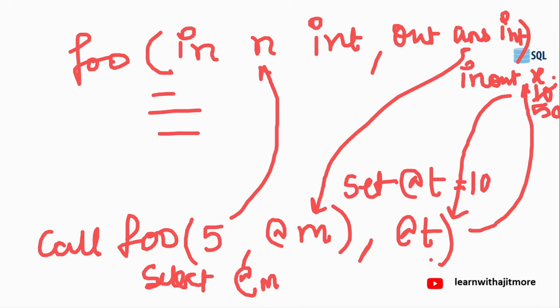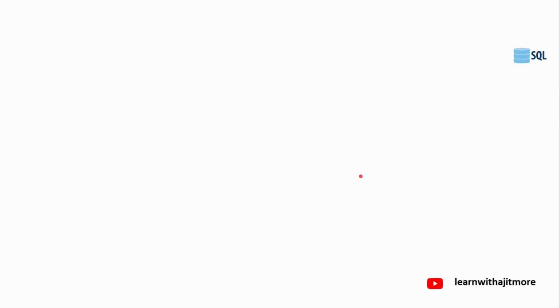Means while sending it was 10, but when the procedure is over, in that T some new result might have come because that value is again copied here. Getting? This is everything on the copy technique. It is not like Java or C, where we pass the reference. Everything is copy technique. This value gets copied there, that value is again copied here.